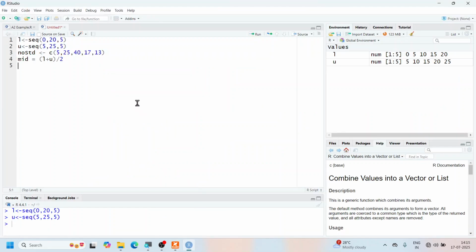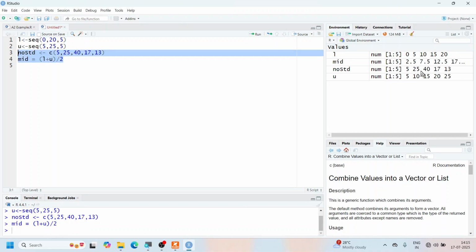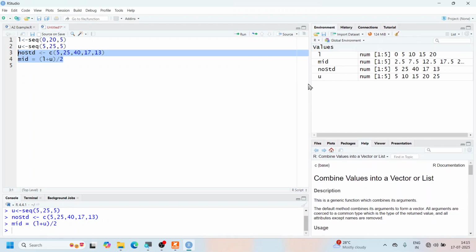Let me try to execute these two things, just for your understanding. So you get the midpoint values over here. Sorry, I thought this was the mid, but I was actually looking at a different value.